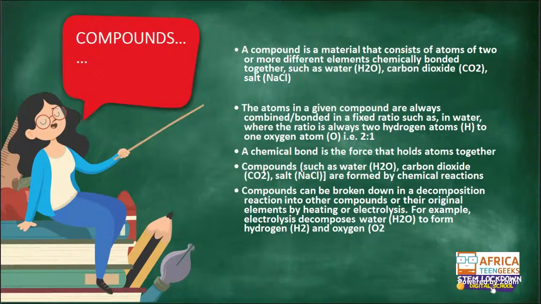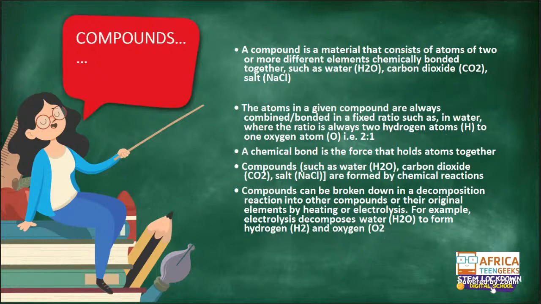I repeat again, a compound is a substance that consists of two or more different elements, or material that are what? Chemically combined. If we compare this to mixtures, you remember we said a mixture is a combination of two or more substances, or simply a physical combination of two or more substances.